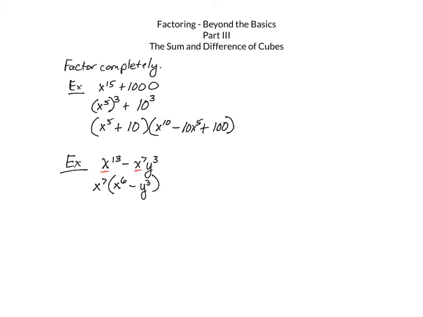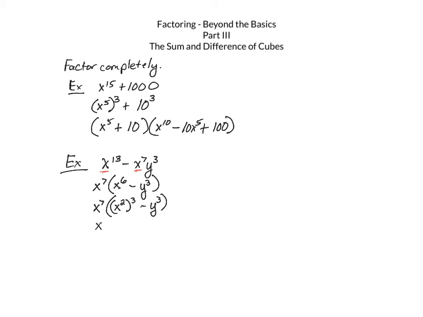And now we have the difference of 2 cubes. Let's write it so that those cubes are very obvious. So I have x to the 7th times x to the 2nd cubed minus y cubed. And now I'm ready to factor that difference of 2 cubes.